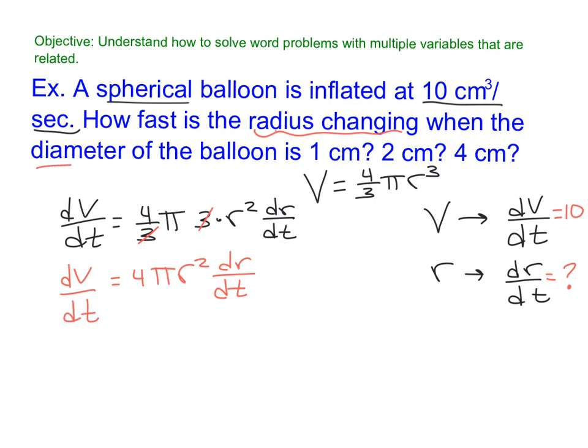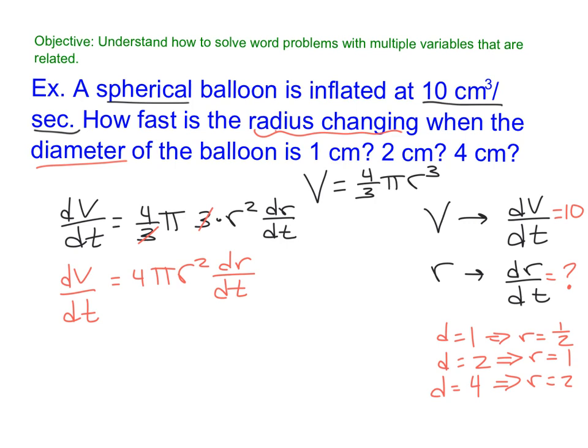The diameter is 1. If my diameter is 1, then what's my radius? A half. If my diameter is 2, my radius is 1. My diameter is 4, my radius is 2. So we're just going to plug in and solve for dr dt.